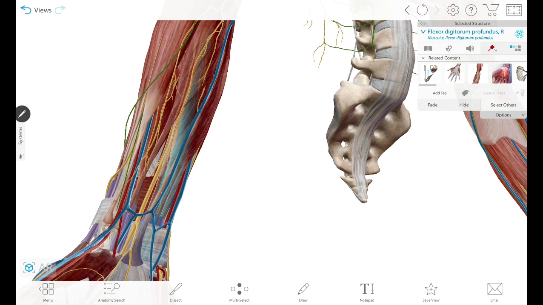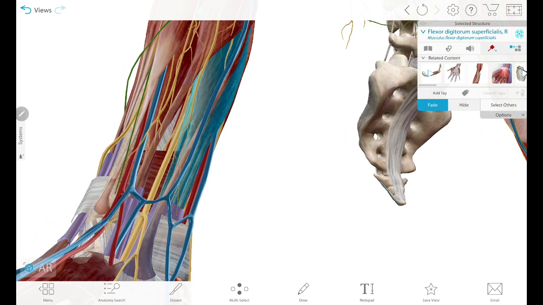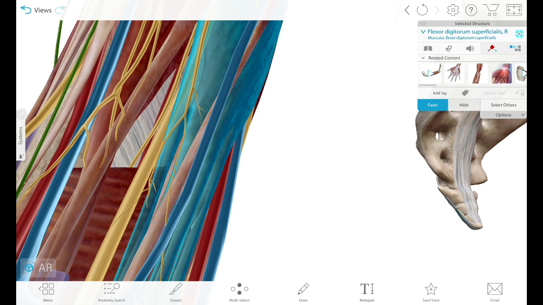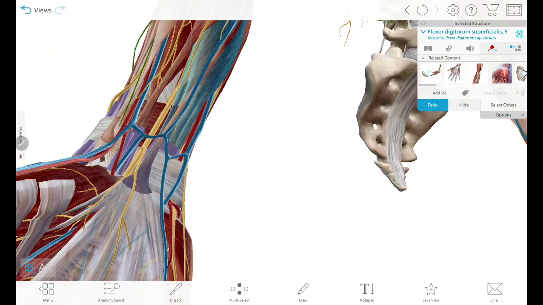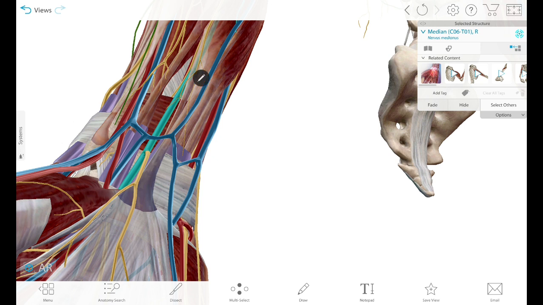Now in the forearm, the median nerve travels just beneath the flexor digitorum superficialis muscle. So this muscle over here is the flexor digitorum superficialis muscle, and we can see the median nerve traveling just underneath it. So this here is the median nerve. After lying beneath the flexor digitorum superficialis muscle, it travels just lateral to the tendon of palmaris longus.